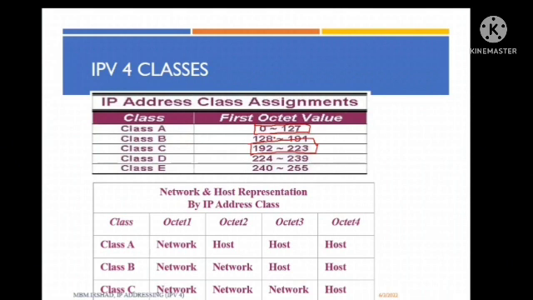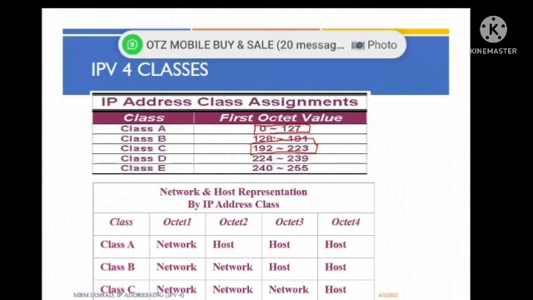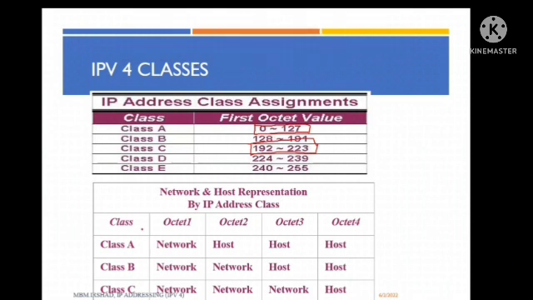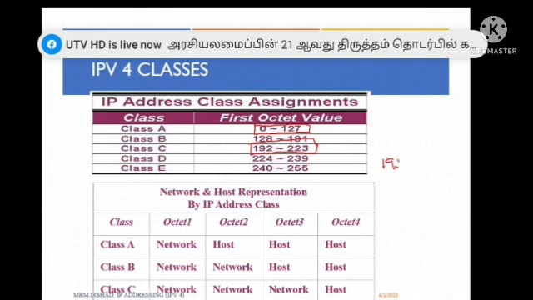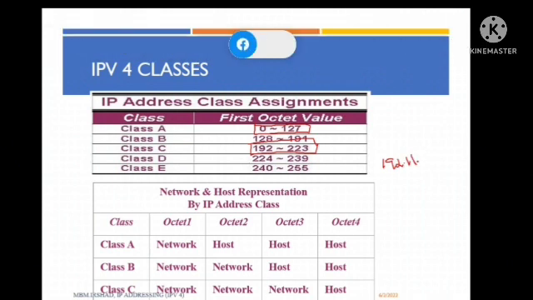If you look at the network and host representation by IP address class, we know that each IP address will have 4 octets. Octet 1, 2, 3, 4. For example, 192.168.1.10.